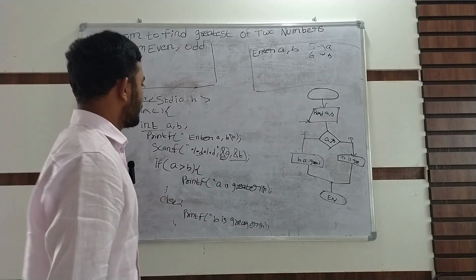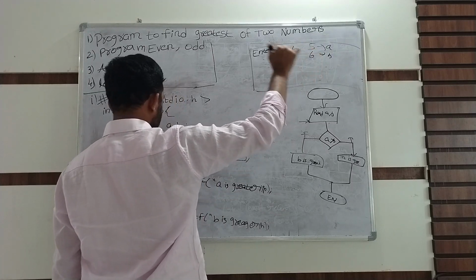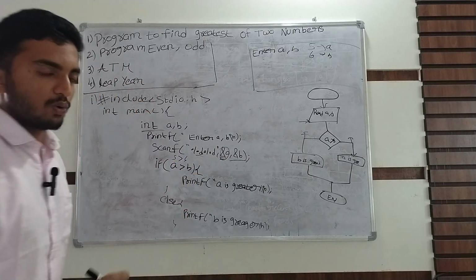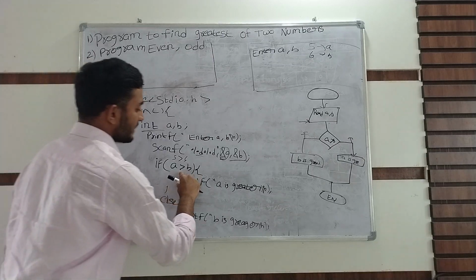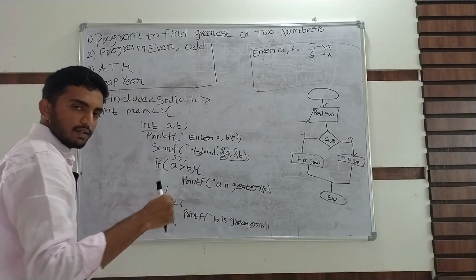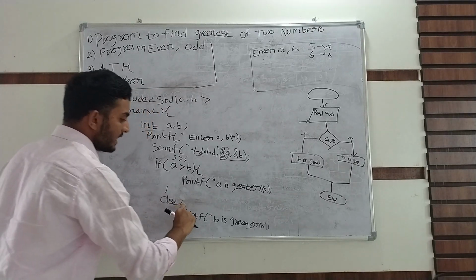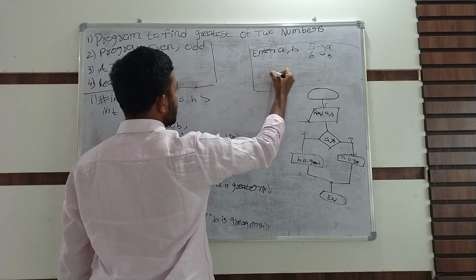By seeing this, a is 5, b is 6. Is 5 greater than 6? No. That's why the code inside the if block will not be executed, and it will print from the else block. What will it print? b is greater.